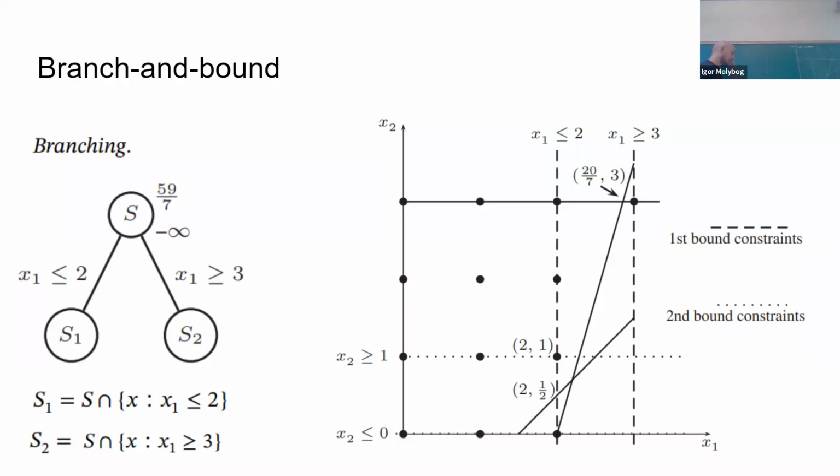Then you would need to add a large number M that is bigger than any of the numbers in our problem. You would need to say that either x1 is greater than or equal to 3 plus yM, or x1 is less than or equal to 2 plus some term in y, and this y is going to be deciding whether or not a particular constraint is active or not.